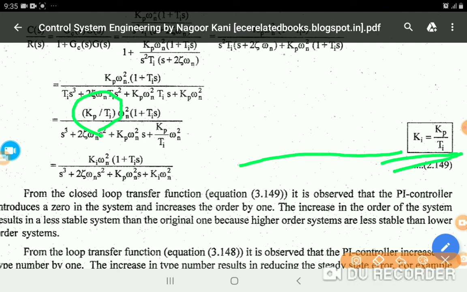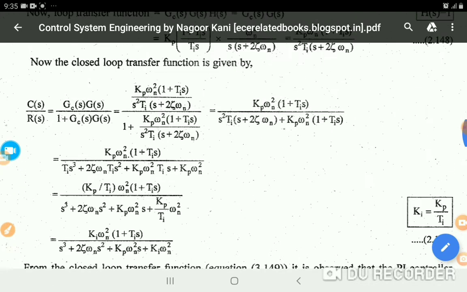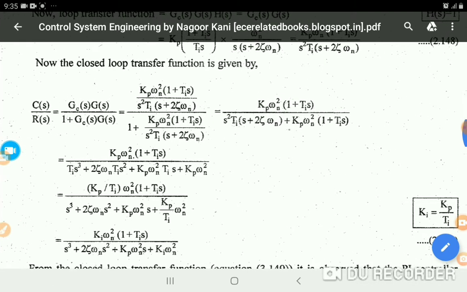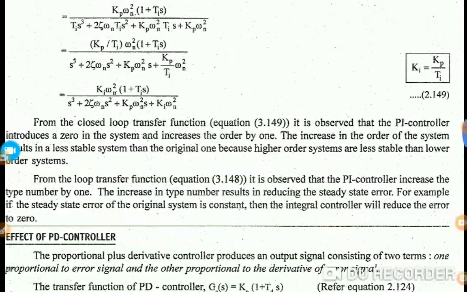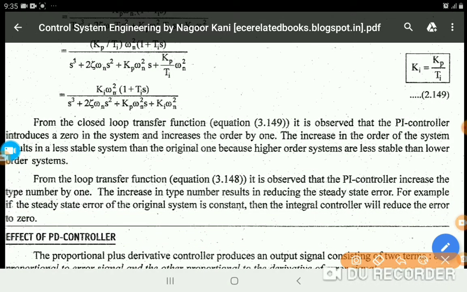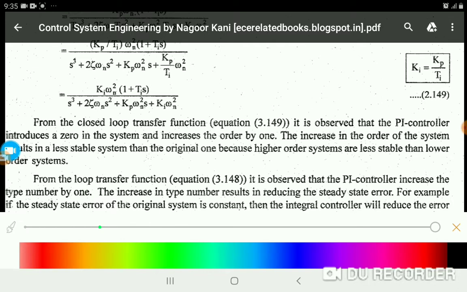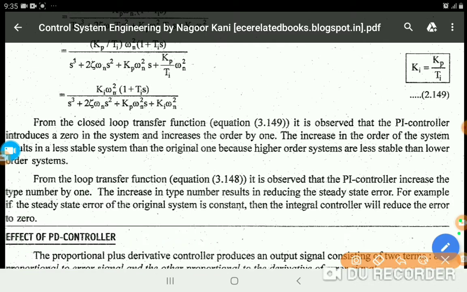So substitute here Kp by Ti as Ki, here Kp by Ti as Ki. So that is what we derived, the transfer function or C of s by R of s, the closed loop transfer function of the PI controller. And the last thing you have to clearly understand and specify is, we have found two things here.